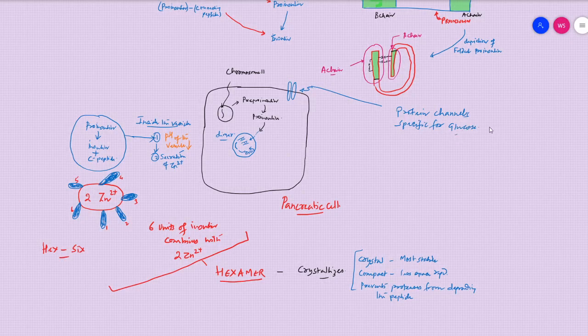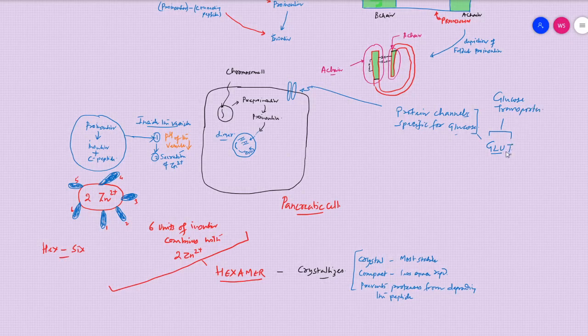These channels have a special name: they're called GLUT transporters, short for glucose transporter.